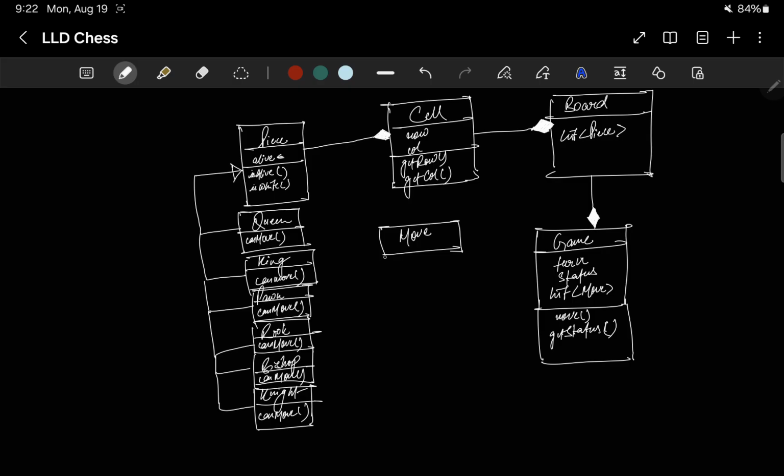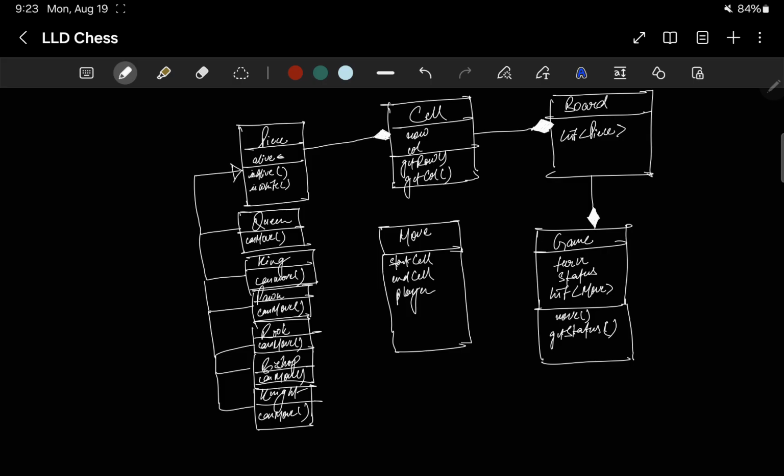So move will have things like start cell, from which cell the move started, end cell, to which cell did the move end, right? Player, which player made that move, right?